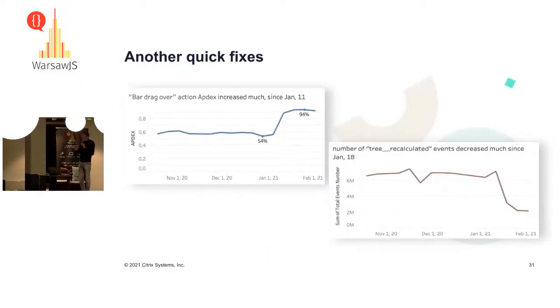For example, for paragraph overwhelmed, after some change, you can see that Apdex was significantly increased from 54 to 94%. It's almost everything was solved, right? And another interesting chart on the right side is about the pre-recalculation event.